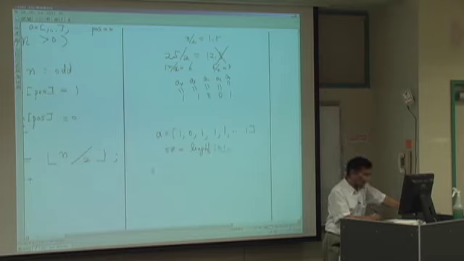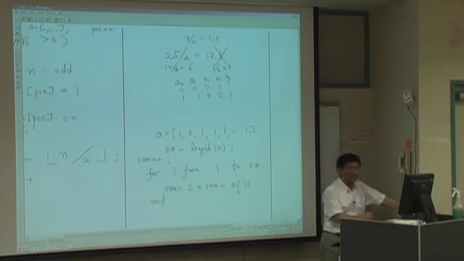Then for I from 1 to size, we do this thing. Initially we say sum is equal to 0, and sum is equal to 2 times sum plus A_I, right? And then return the sum. Then done.